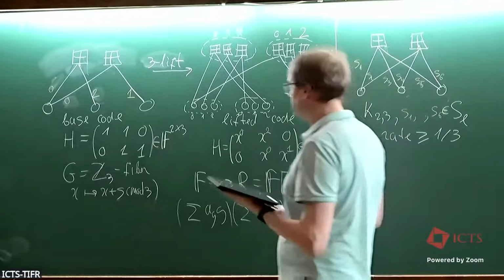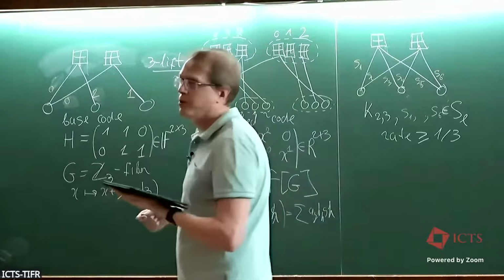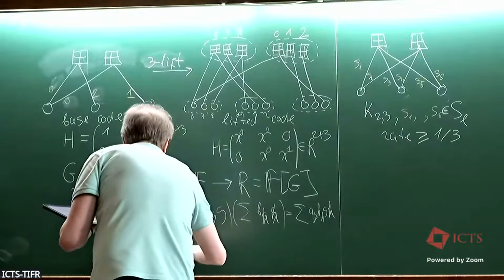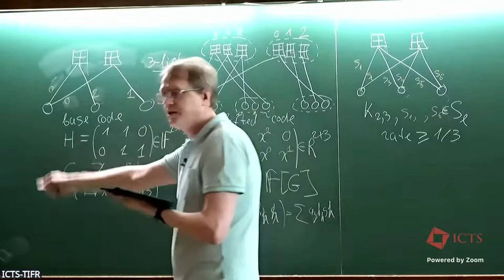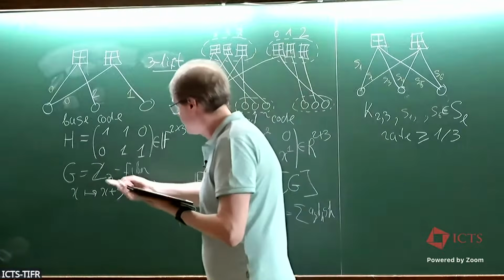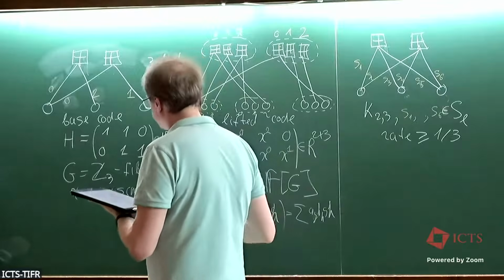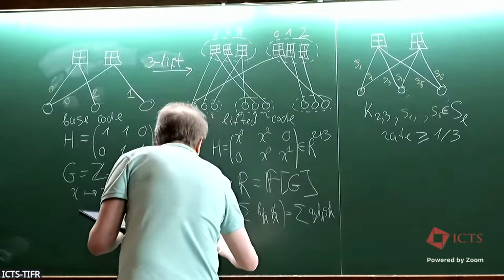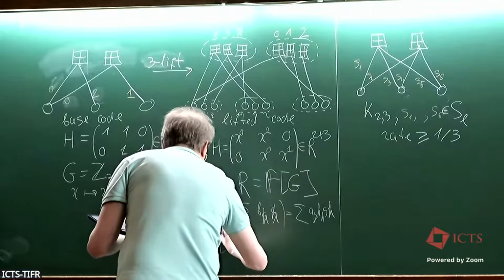And in our specific case, we can say even more. So when we have this particular group, cyclic group, this ring is the same as the ring of polynomials.